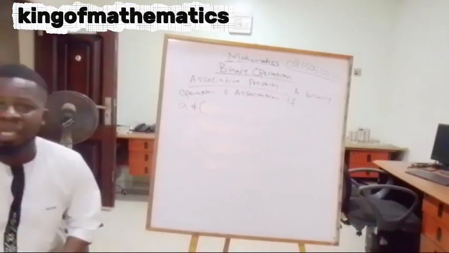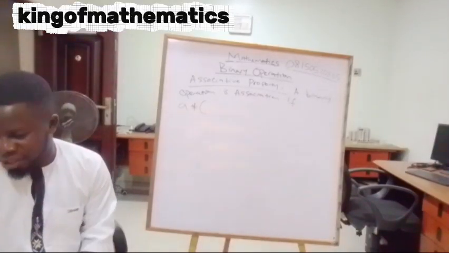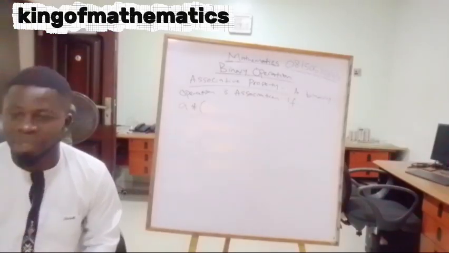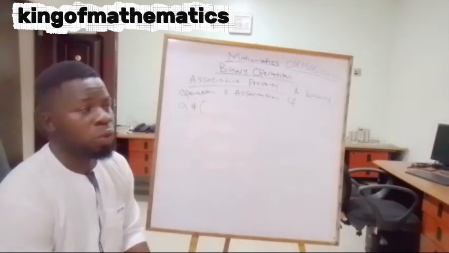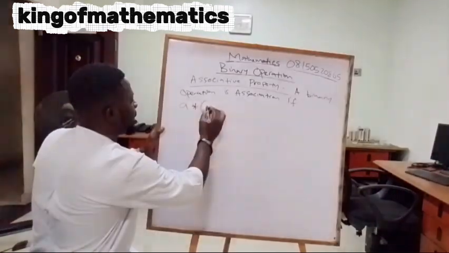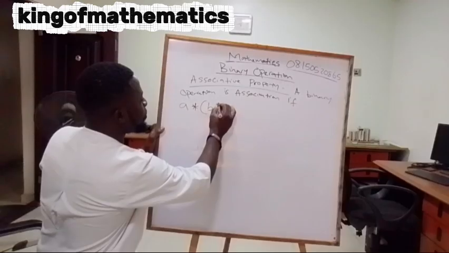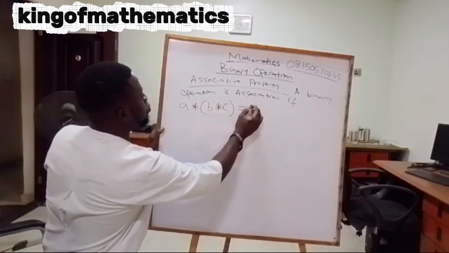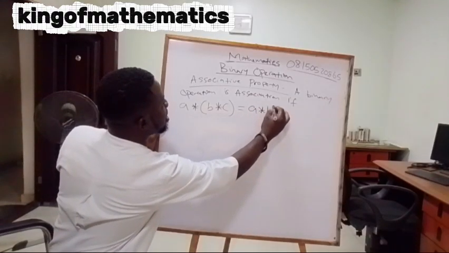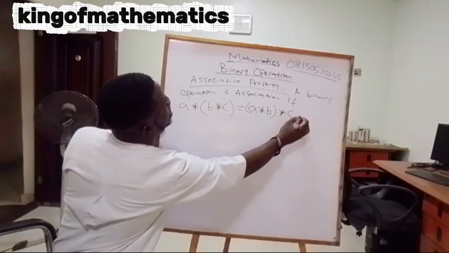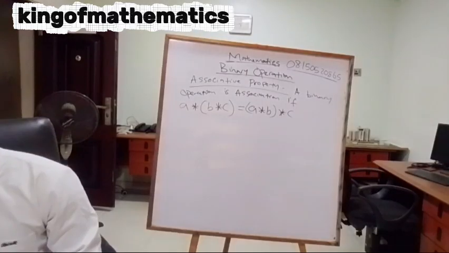There's one called associative, there's one called distributive. The difference between associative and distributive is that associative involves one operation, distributive involves two operations. But here that's A operation, B operation in brackets, B operation C, must be equal to when you first have A operation B in brackets operation C. That's what the associative property is talking about.